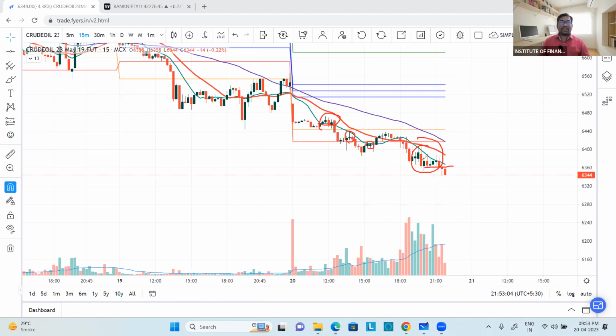Can you see this? Bangaru Lenin, there is no separate setup. You can use the same. MCX is very easy to trade because it is very liquid.